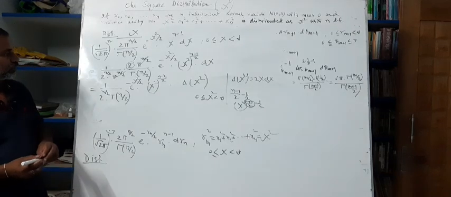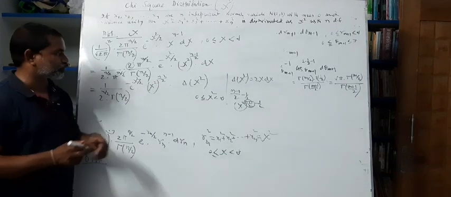So this is the distribution function of chi square.